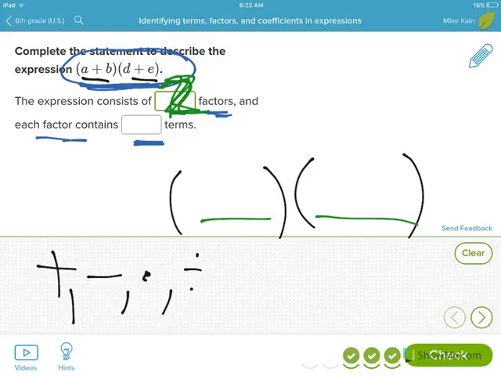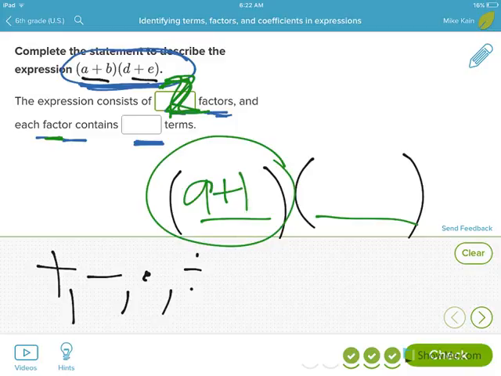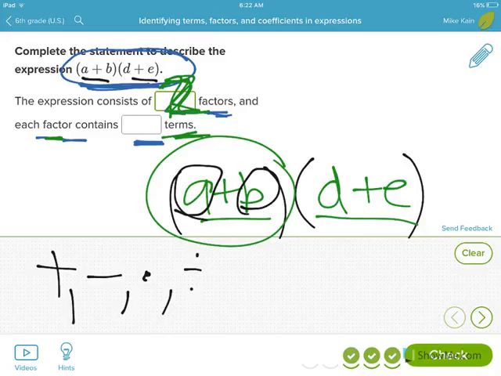So now in the factors, so inside one of these, for instance, let's write it out, a plus b, d plus e, how many terms? Okay, well I know terms are separated by addition or subtraction. So I have 1 term, 2 terms. That is good. Very good. So there's 2 terms.